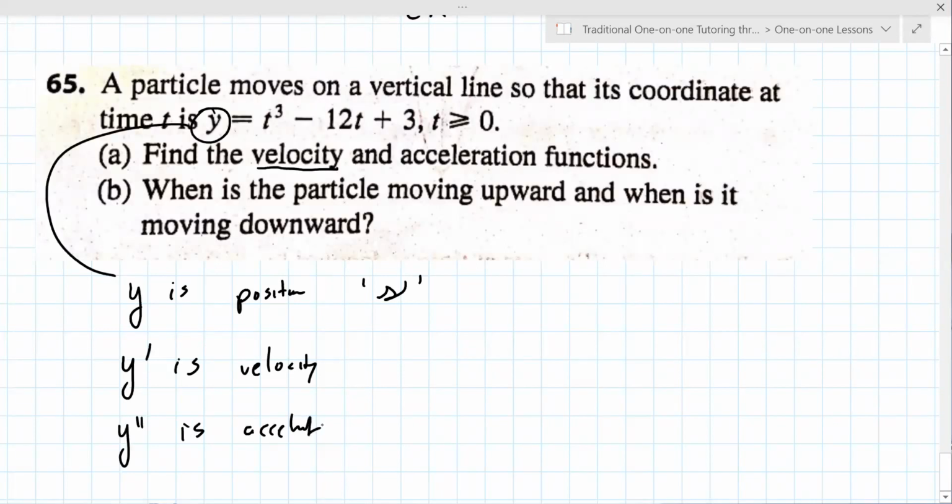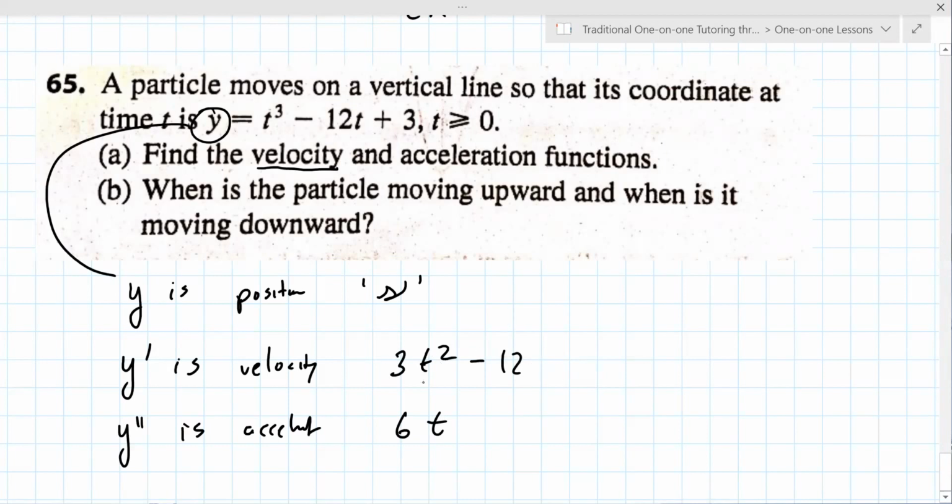So you've got to be able to do this really quickly, like 3t squared minus 12 is the velocity. And then the derivative of this is 6t. Okay. Now, oftentimes this velocity one has 3 terms and you end up having to factor it.